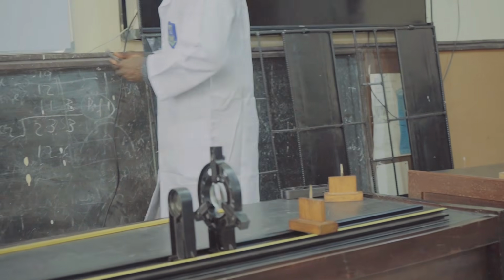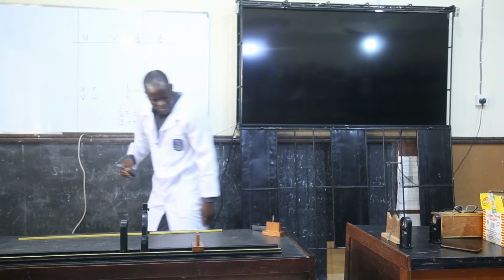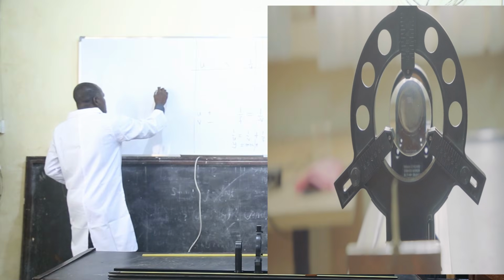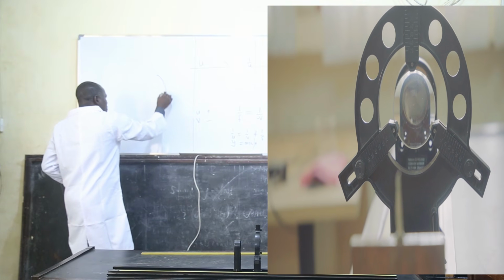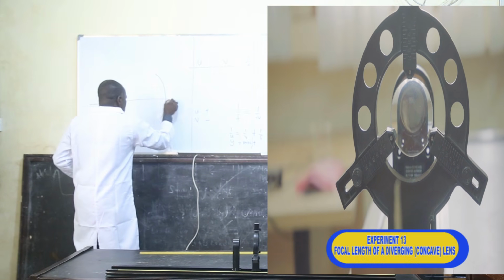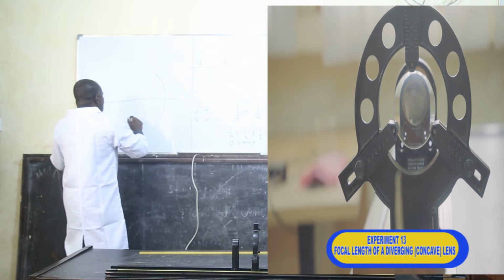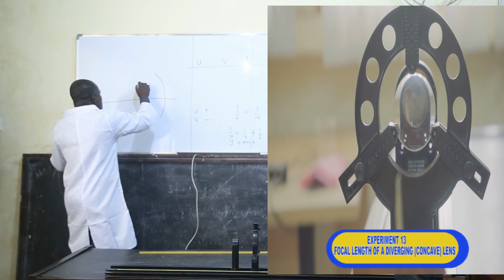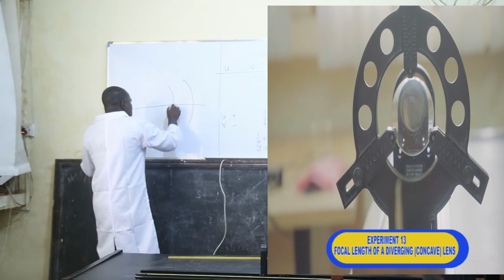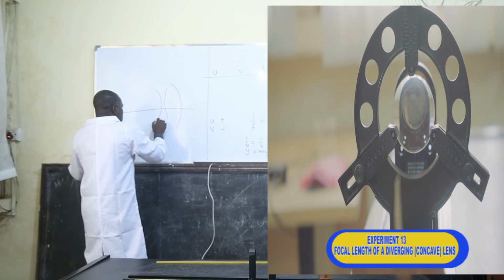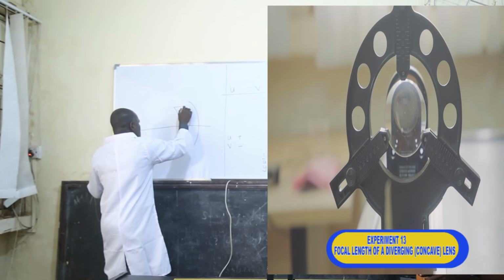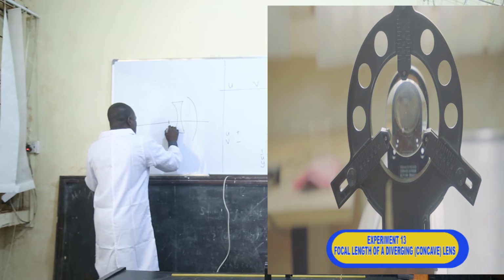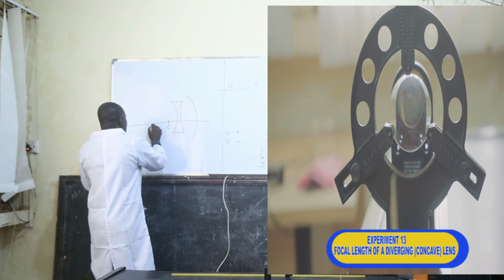I can draw the diagram here to show what we're talking about. This is the lens, this is the mirror, so to say. I have the lens somewhere here. And don't forget I've already marked the point that I call C, and there is a point C prime.